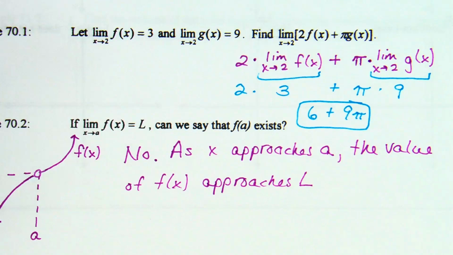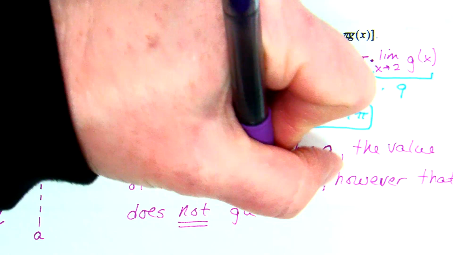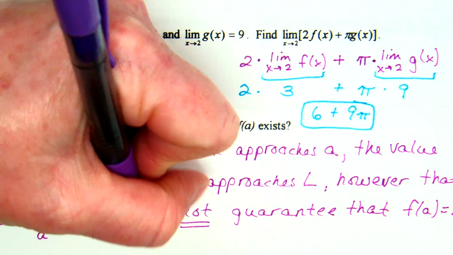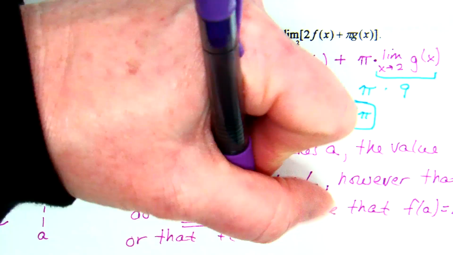So as x approaches a, the value of f of x approaches L. However, that does not guarantee that f of a equals L, or that f of a even exists.